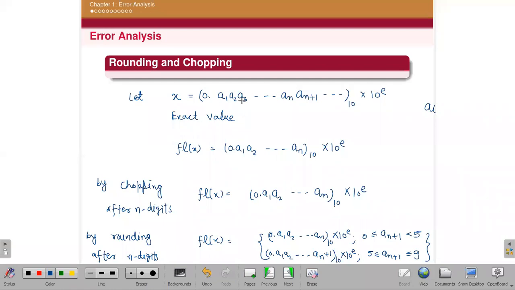Every digit lies between 0 and 9 here. Any combination of digits, each digit is between 0 and 9. It is a digit, not a number. This x is the full number, but that is a digit only, so it is a combination of 0 to 9 only.